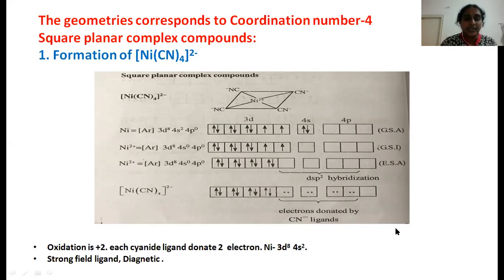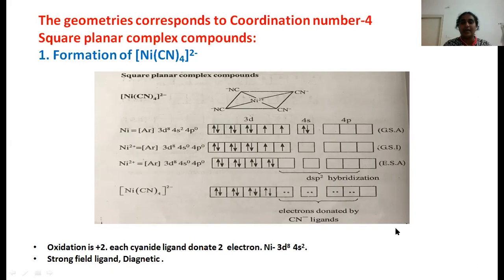So how do we see this? First we take the nickel atomic number, that is 28. Then the electronic configuration of nickel, that is argon 3d8 4s2. In this complex, nickel exists with a +2 charge, so the nickel +2 electronic configuration becomes 3d8 4s0 4p0.